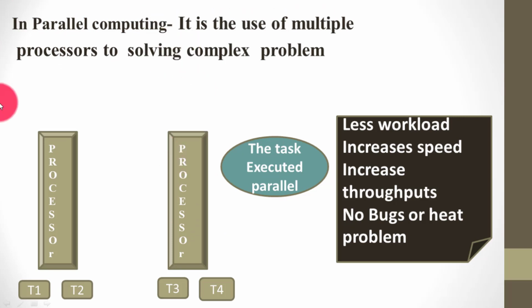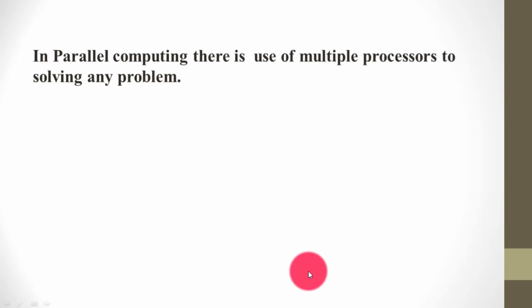Because of this, it has some advantages like less workload, increased speed, increased throughput, and no bugs or heat problem. So this is all about parallel computing. In parallel computing there is a use of multiple processors, as we discussed, to solve any problem.